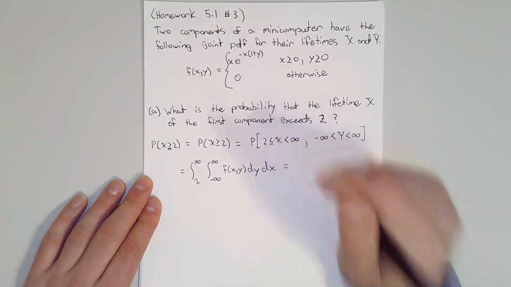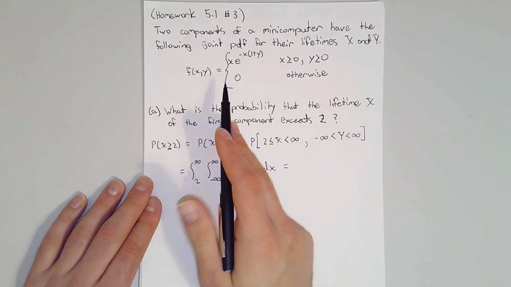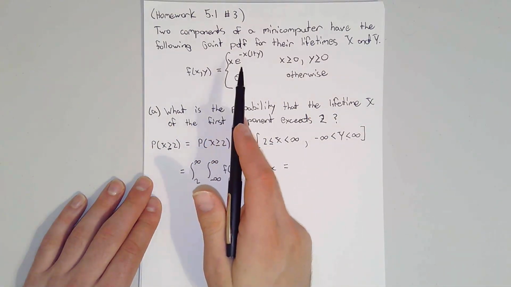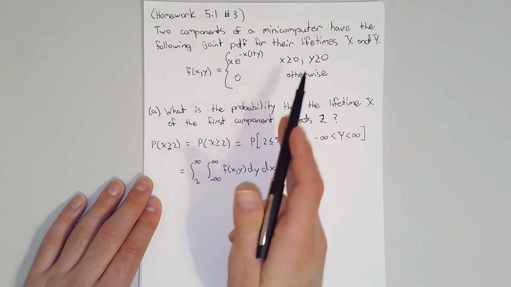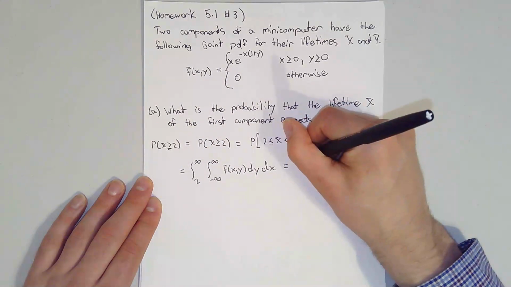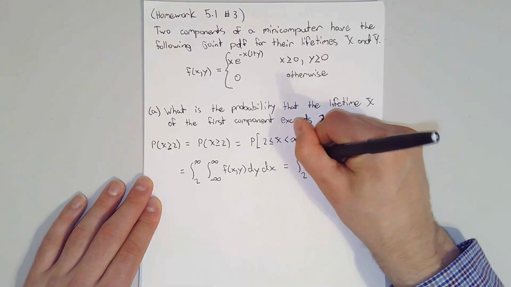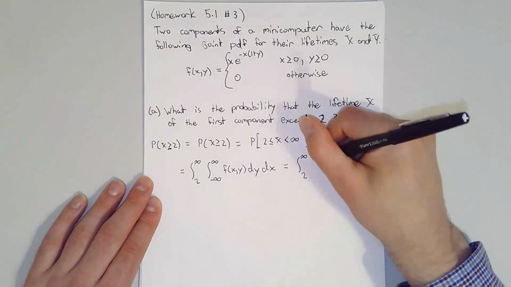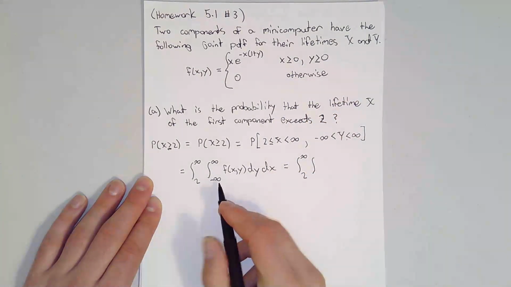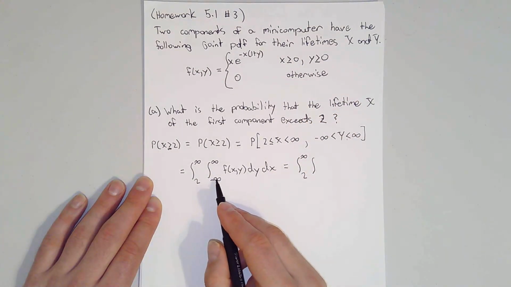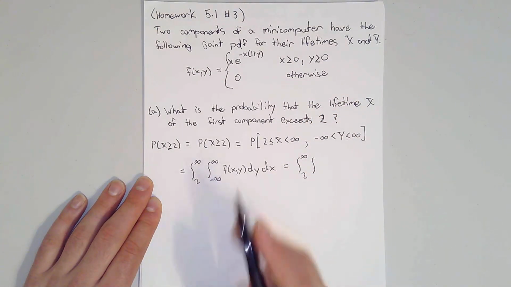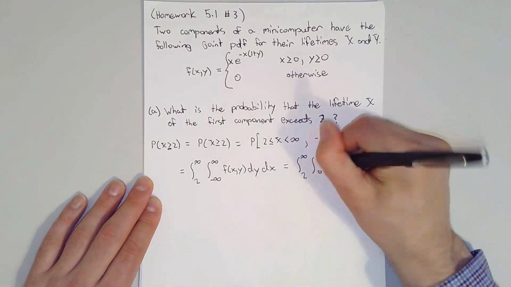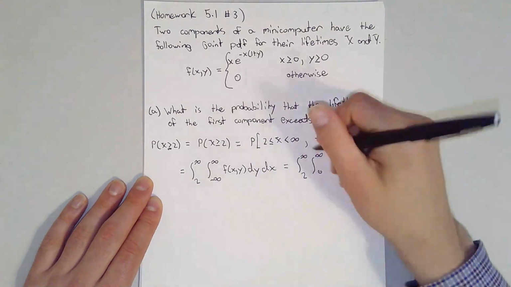So first off, going back to the definition of our PDF, we can see it only has support in the positive quadrant. So this is still the integral from 2 to infinity with respect to x, but the y component, going from negative infinity to infinity, only needs to go from 0 to infinity.